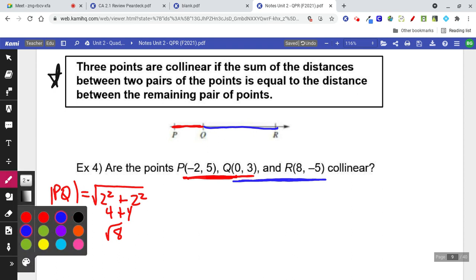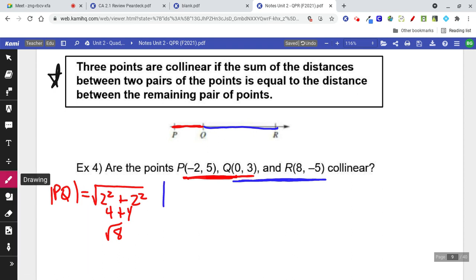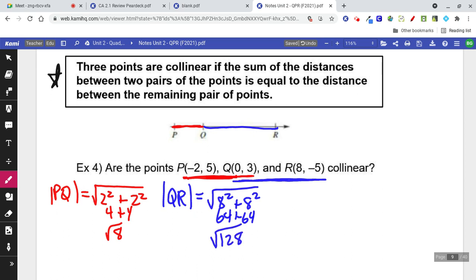So now this one is going to be QR. And again, we're going to go distance between the x's. 0 plus 8 is 8, or 0 minus 8, whatever. It's a distance of 8. Distance between 3 and negative 5 is also 8. So we've seen this before. That's square root of 128. And you could find that decimal if you want to, but we don't really need to at this point.